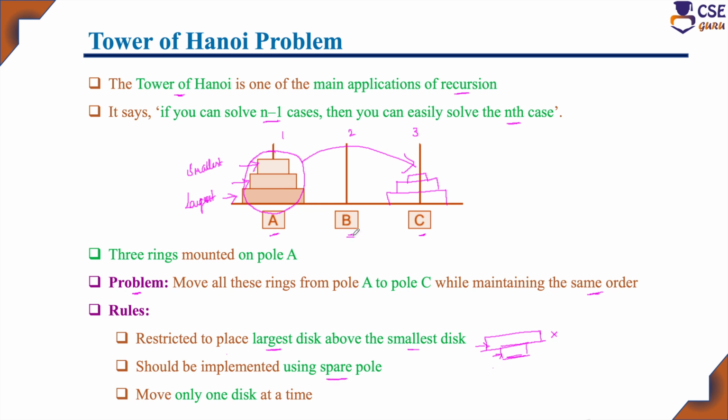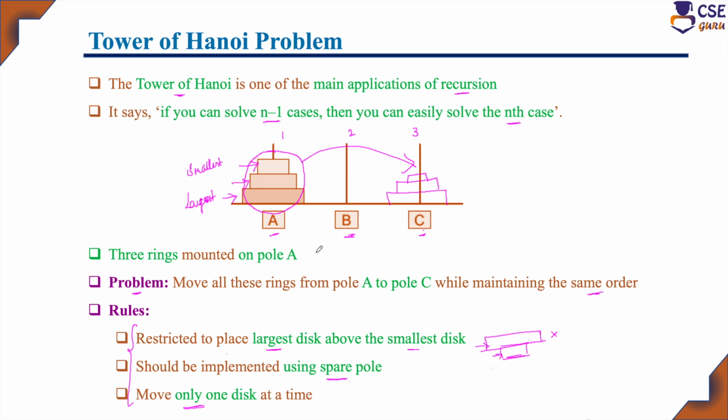Source pole is pole A, the destination pole is pole C, and the intermediate pole, the spare pole, is pole B. The third condition is that only one disk at a time can be moved, not more than one. You need to follow these three rules: do not place a larger one above a smaller one, use the spare pole, and move only one disk at a time. And this problem you need to solve.